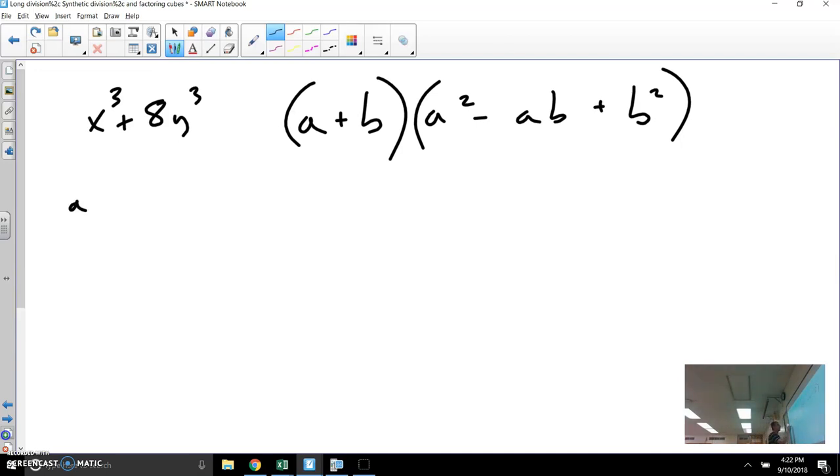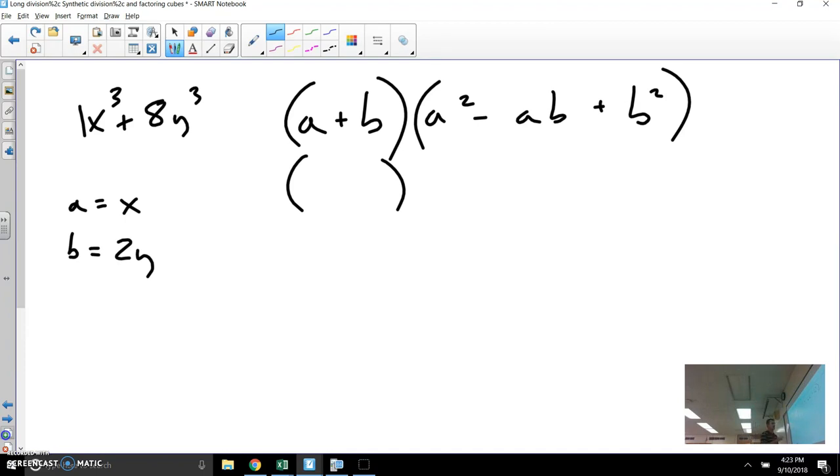So when I'm thinking about what I'm dealing with to get x to the third, there's a 1 here. So that means I really got 1x. 1x cubed would be x cubed. And b, this value would be 2y. You have to cube 2 to get to 8, and of course, there's a variable there also. So now I'm just going to use my form to plug everything in.